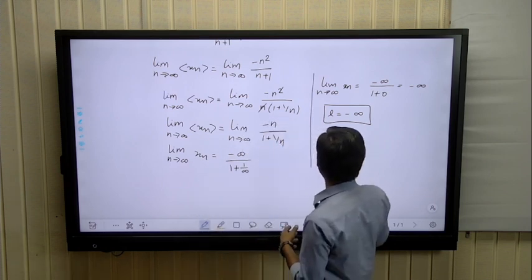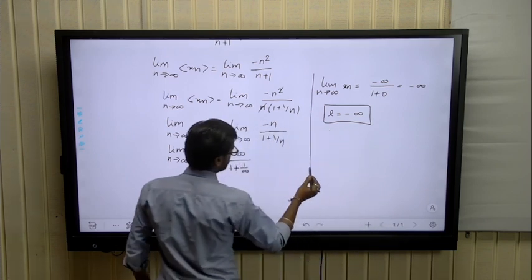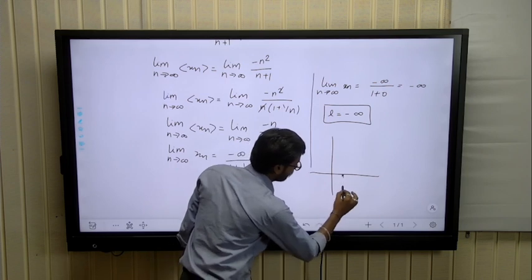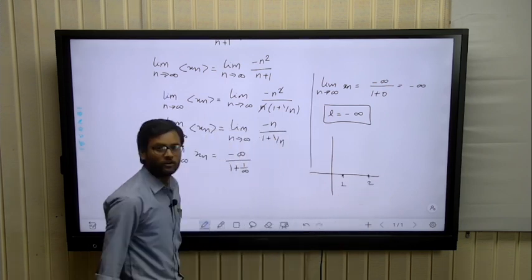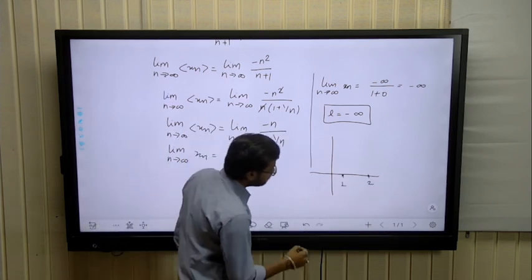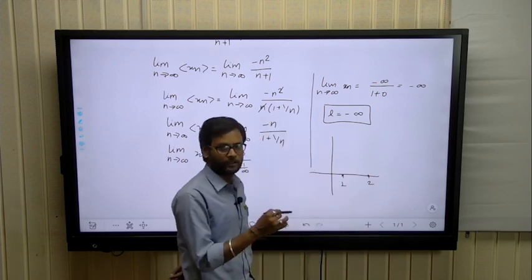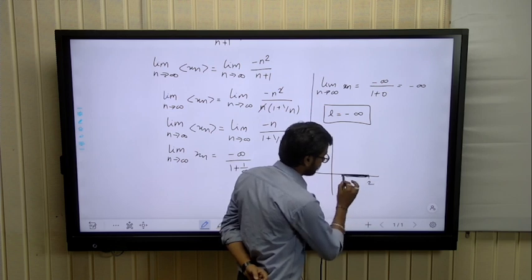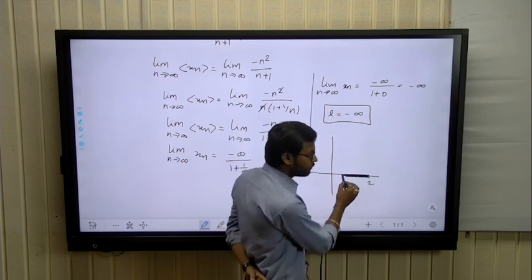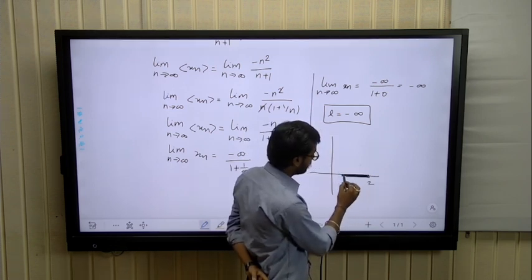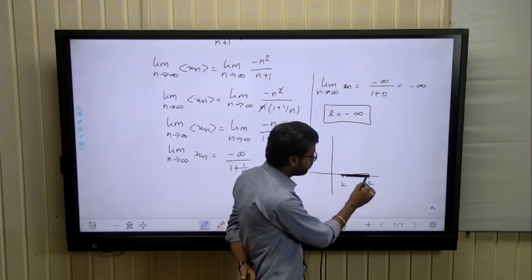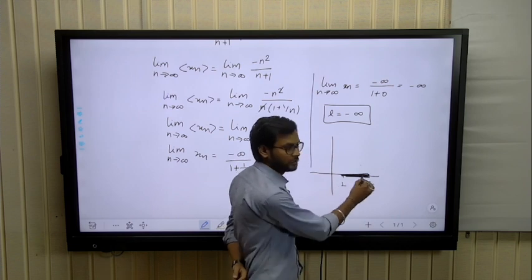Suppose here is 1 and here is 2 on the real line, the x axis. If the sequence terms oscillate between 1 and 2, it starts from 1, goes to 2, then returns to 1, then goes to 2, then 1, like this.